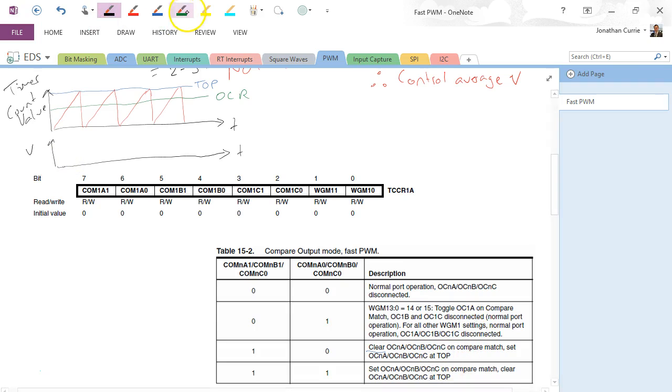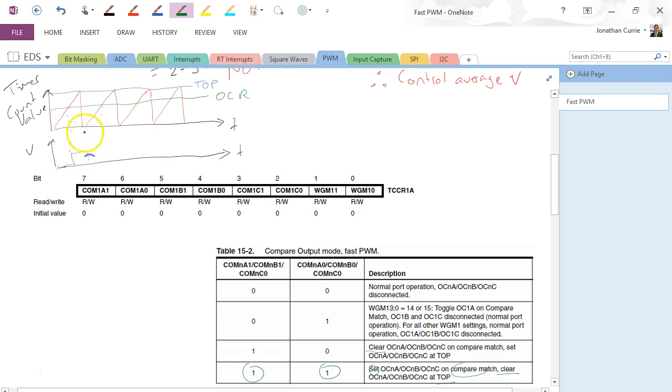So let's have a look what this would do on our pin. So if we were to go, for example, set on compare match, clear on top, so we're going to be using this mode. What will happen is that we'll start off, on a compare match we'll come up, and on a top we will clear on top, set on compare match.